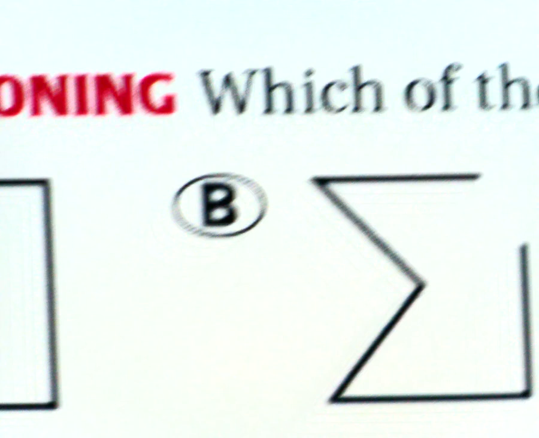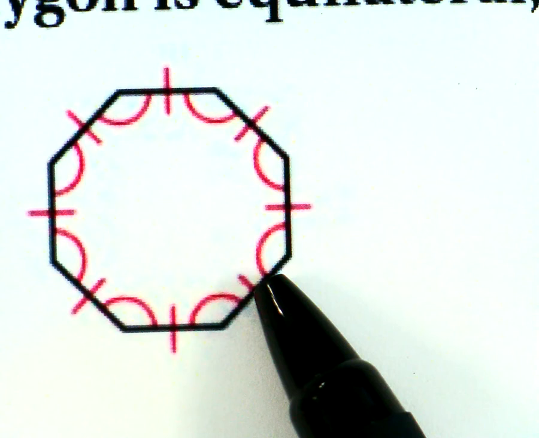They all have the arc mark on it, which says that they're the same measure, which means that this is regular. This one is also regular. It's marked as regular with the hash marks. This is neither equiangular nor equilateral. It's a triangle. Okay? And here ended the lesson.